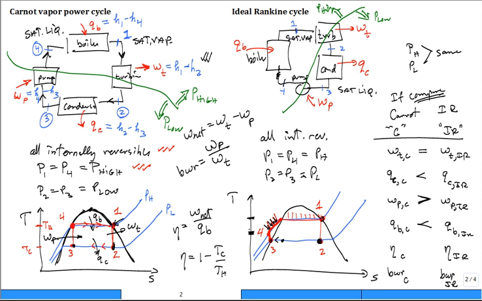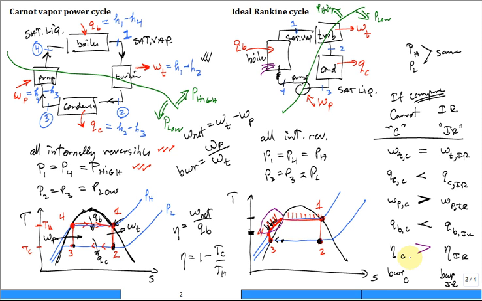The reason why is tucked right there. Because the feed water into the boiler is cold. And so part of the heat that's coming into the working fluid, into the boiler early on, is just to heat up the cold feed water, to get it up to the boiling point, and then finally change phase. So which is better? Carnot is better.